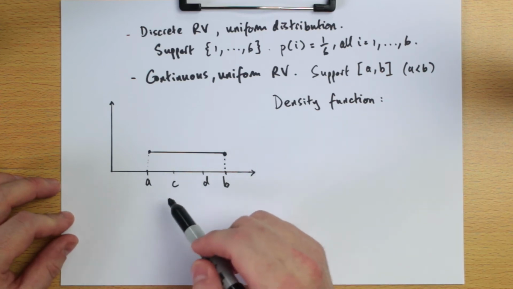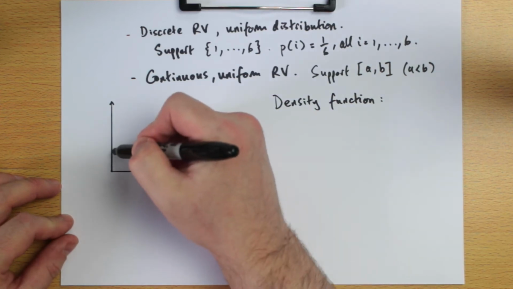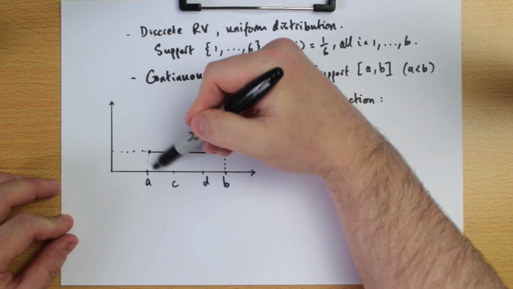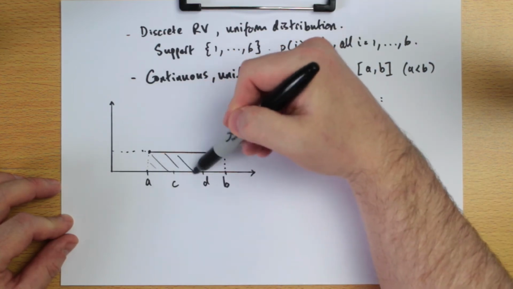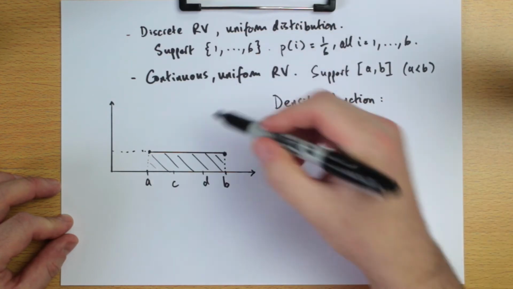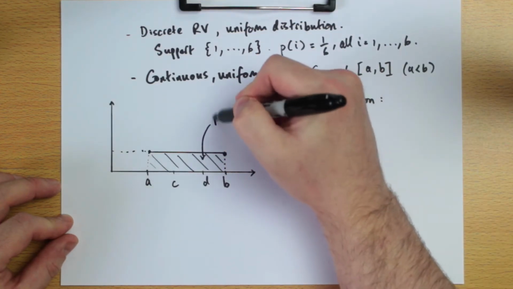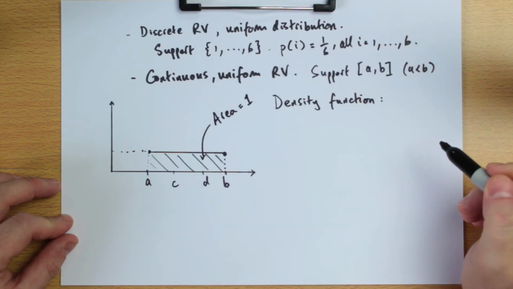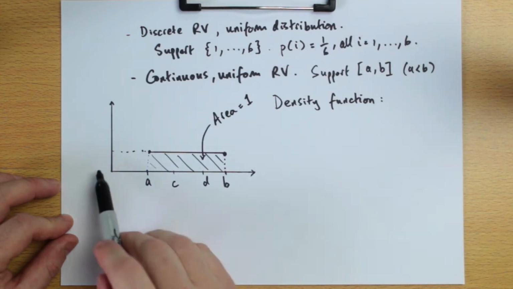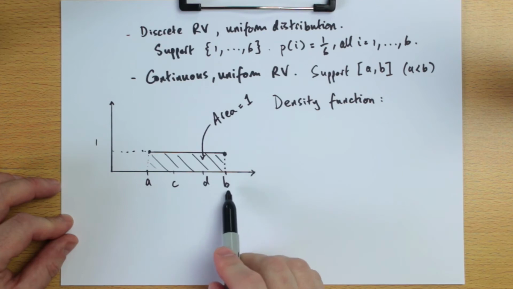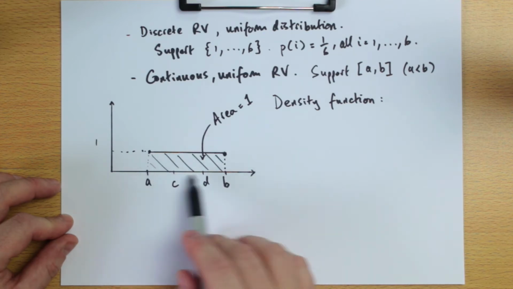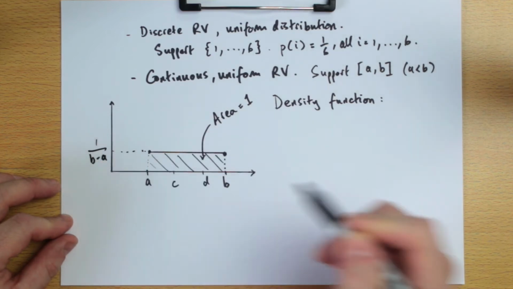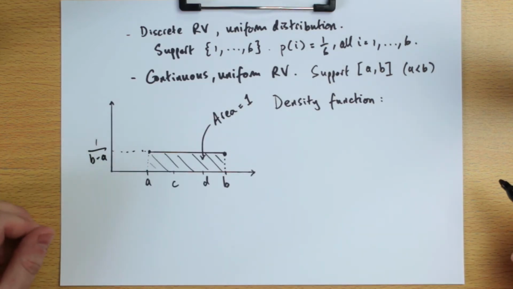And then the height of this box, well, essentially we want the area of this rectangle to be equal to 1. So what must the height be? b minus a is the length, so 1 divided by b minus a must be its height.